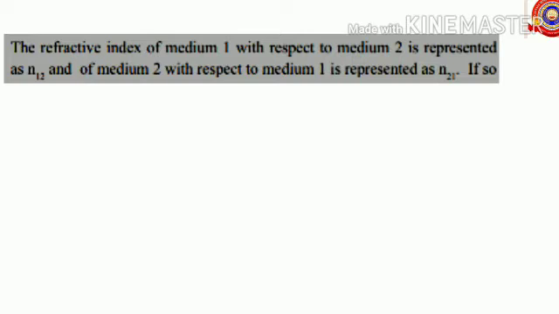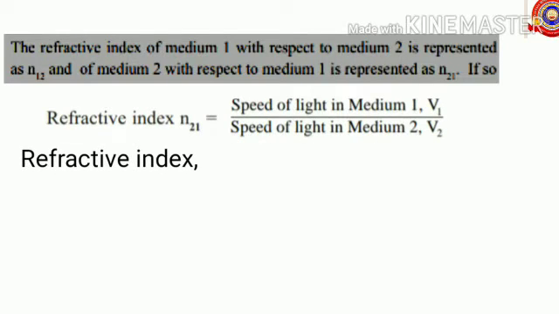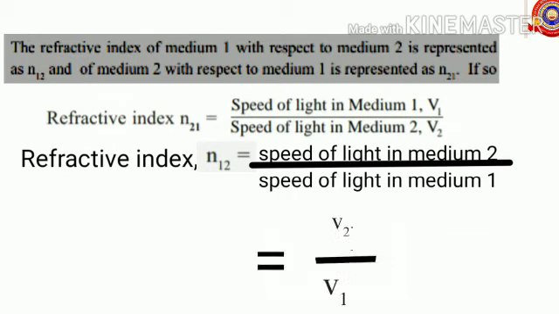So how can we find out the refractive index n21? Yes. Speed of light in medium 1 divided by speed of light in medium 2. That means the refractive index of medium 2 with respect to medium 1 is v1, that is the speed of light in medium 1, divided by v2, speed of light in medium 2.